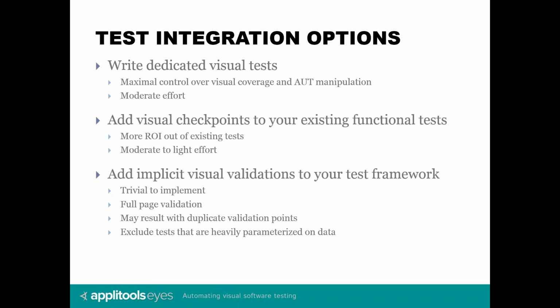You're basically limited to whatever your tests are doing right now. And it means that you might not be able to take shortcuts because the functional test will usually go through the main use cases of how users use your application. But still, it would allow you to leverage your existing investment in automation and quickly add visual validation to that.